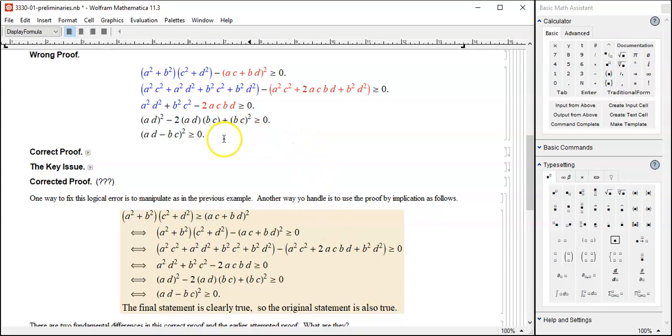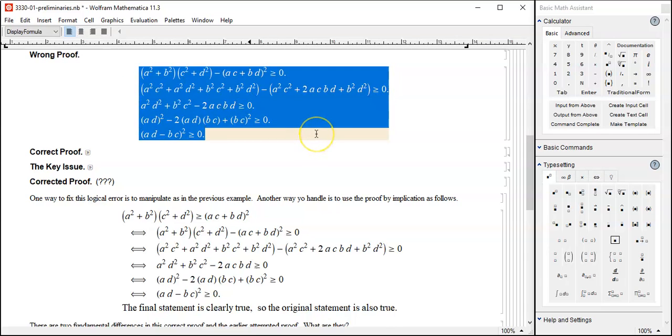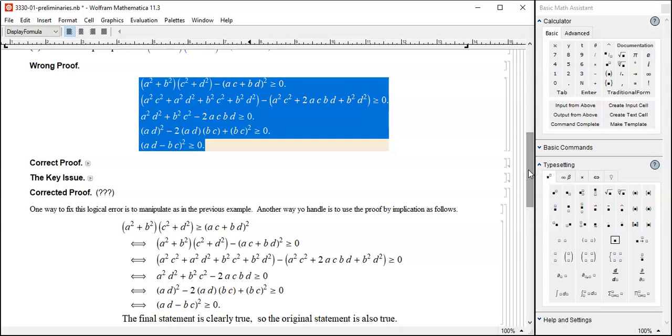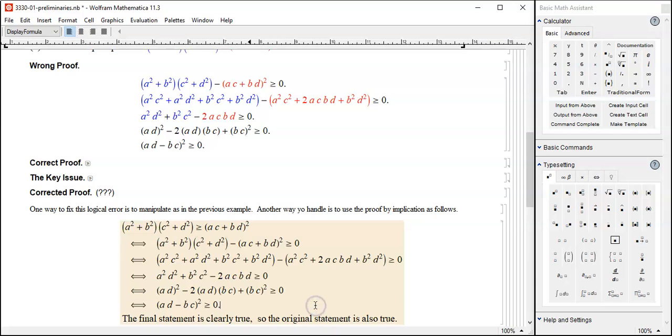So this effort here is a failed effort to prove using proof by algebraic manipulation. But by inserting some logical symbols and expressions, you can turn this one into a correct proof of logical implication.